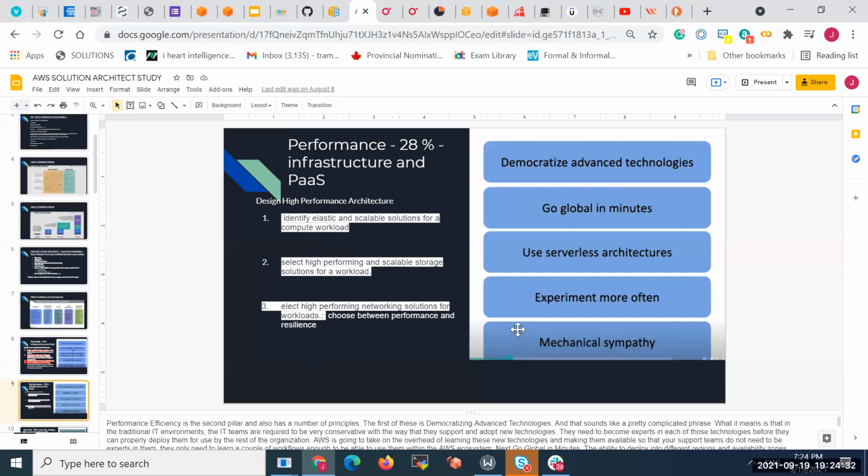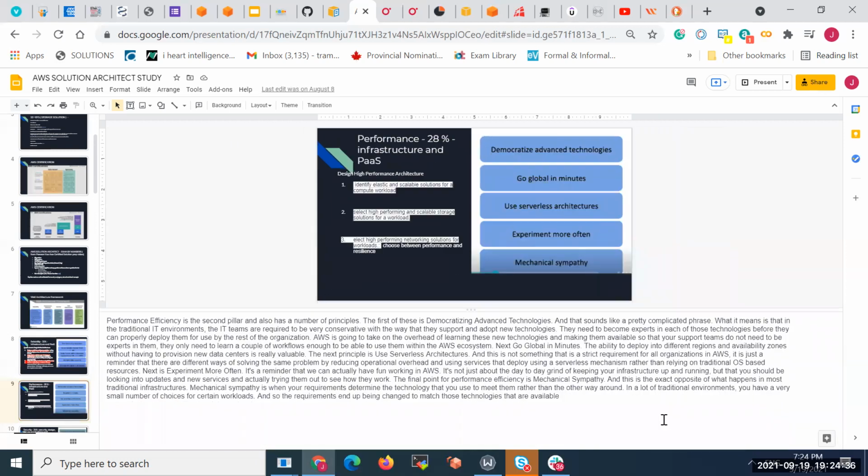So, mechanical sympathy. Let me go back and see performance efficiency. Okay, so he talked fast, so that's why I have the transcript here. Mechanical sympathy is when your requirements determine the technology that you use to meet them rather than the other way around.